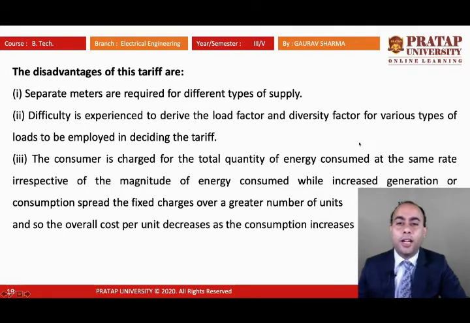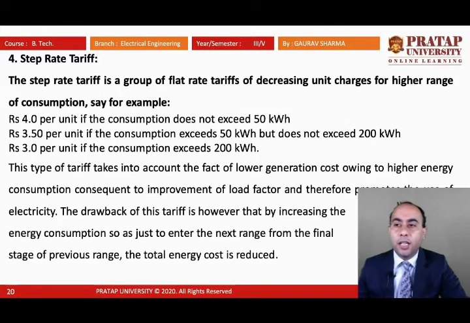The consumer is charged for the total quantity of energy consumed at the same rate irrespective of the magnitude of energy consumed, while increased generation or consumption spreads the fixed charges over a greater number of units, and so the overall cost per unit decreases as the consumption is increased.